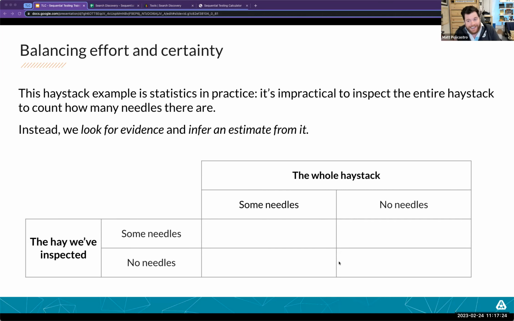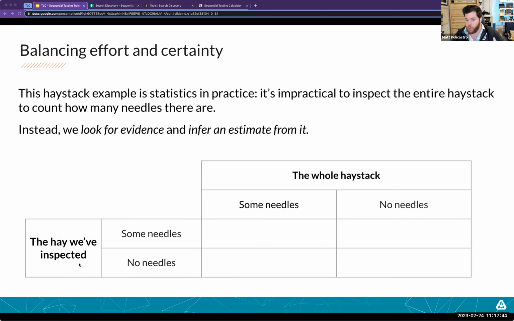But again, that's not a good use of our time. So instead, we want to figure out how we can relate this first perspective, the hay that we've inspected, against the broader perspective, the broader truth that we're actually interested in discovering. So there are two different states of reality for both of these different slices. There's this version of the hay that we've inspected where we have some needles, and there's the one where there's no needles.